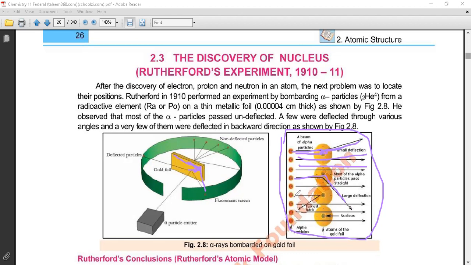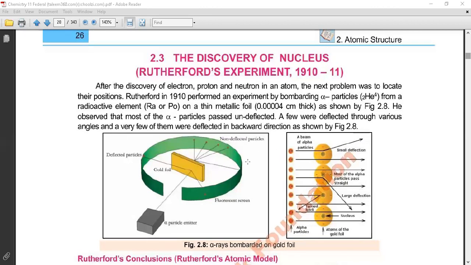Some who directly hit the nucleus in the center were turned back. Almost all were undeflected by this thin sheet, which clearly states that the atom is almost all empty space.